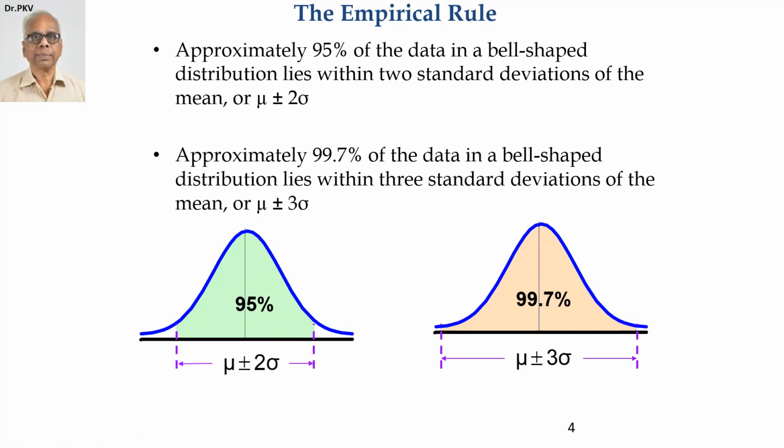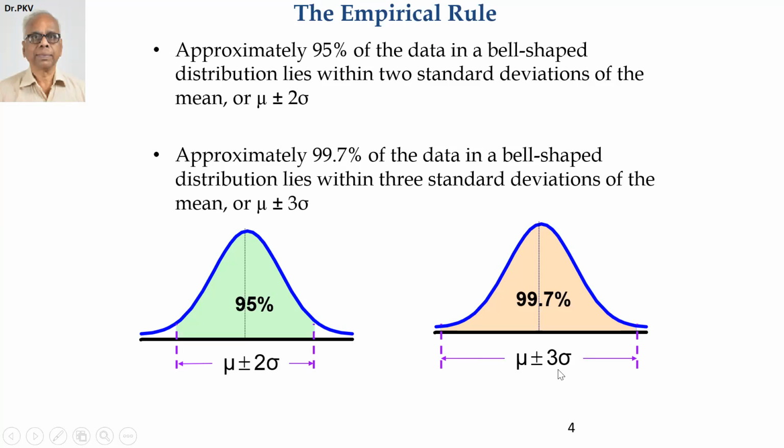Now, in the empirical rule, supposing the original distribution is a bell curve, it says 99% of the data points approximately will be within a range of mu plus or minus 3 sigma.